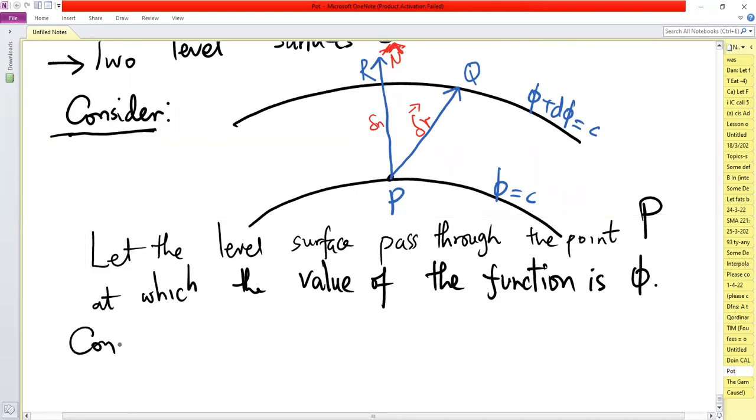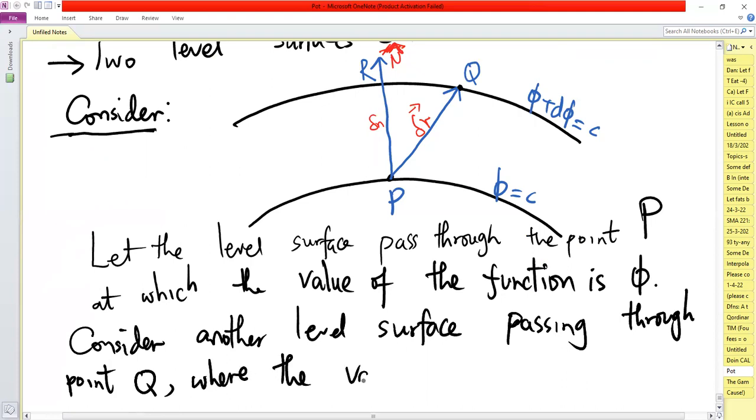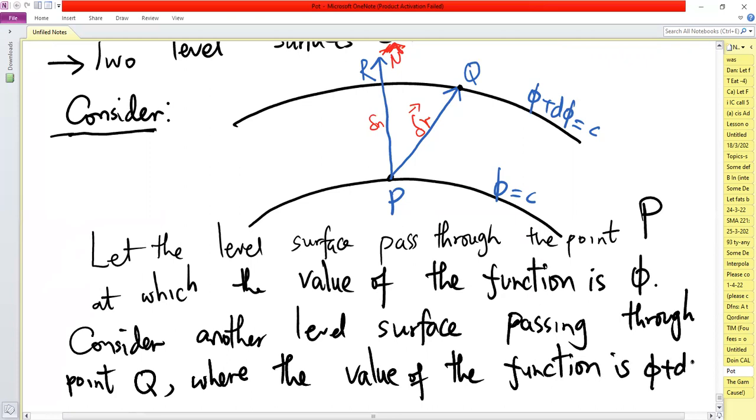Consider another level surface, so this point Q, phi plus d phi.